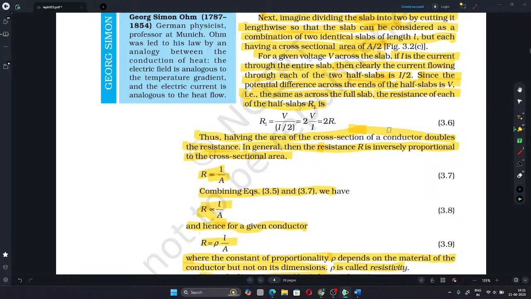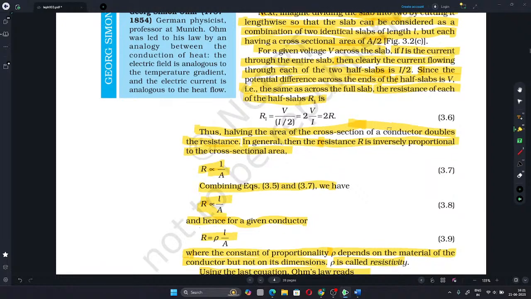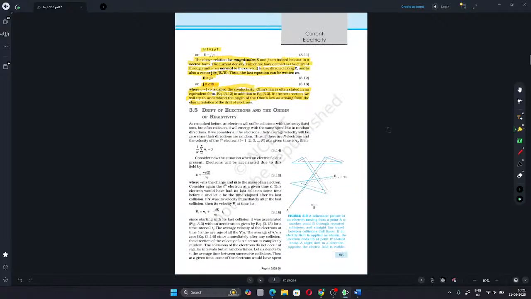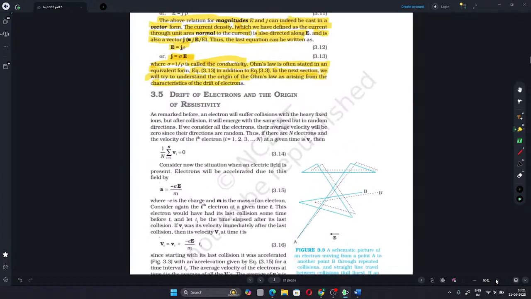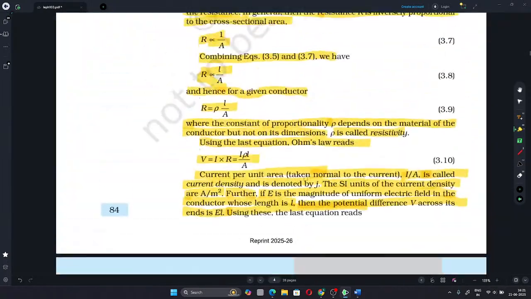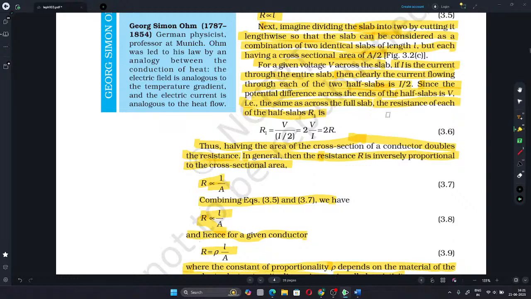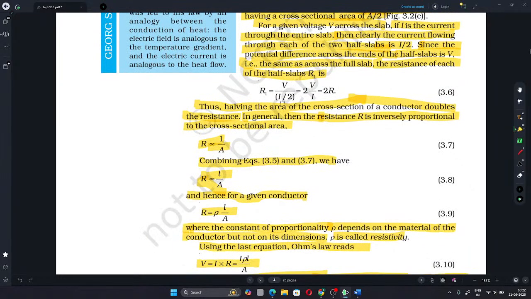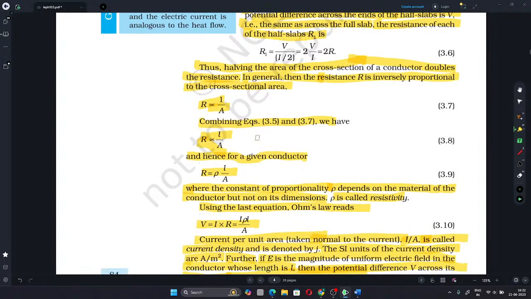Thus, halving the area of cross section of a conductor doubles the resistance. In general, the resistance is inversely proportional to the cross-sectional area.